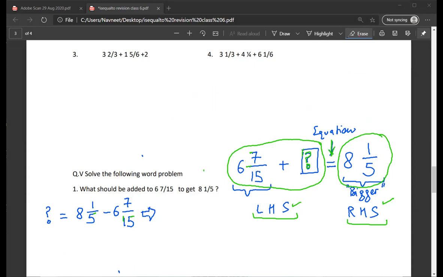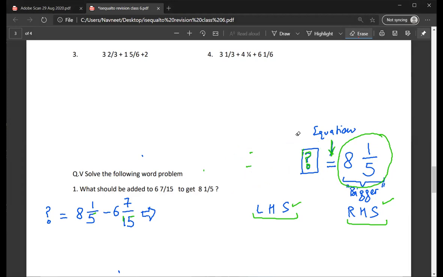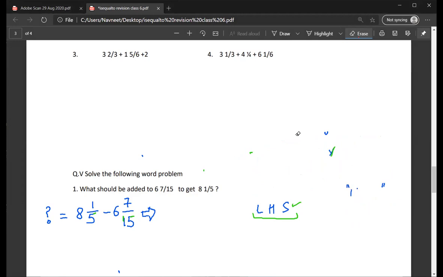See, if there is a doubt, I'll explain it to you again. Whenever you get questions like these, I think in sixth class also, you will be forming equations. So it is a good time to understand how the equations are formed, because then things become very simple.